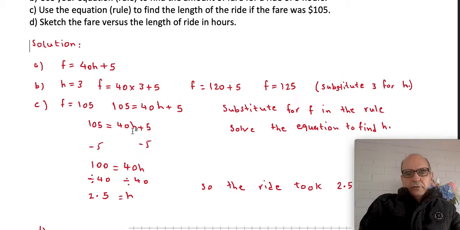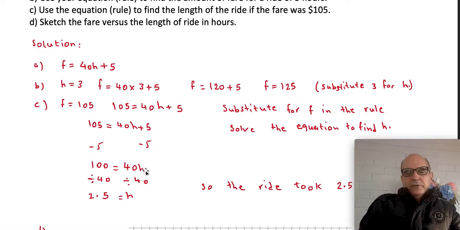So 40H plus 5, take away 5. That 5 and minus 5, they cancel, and you end up with 40H on the right hand side. On the left hand side is 105, take away 5, gives you 100. So you got 100 equal to 40H.